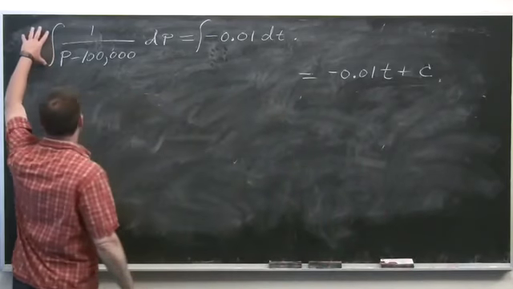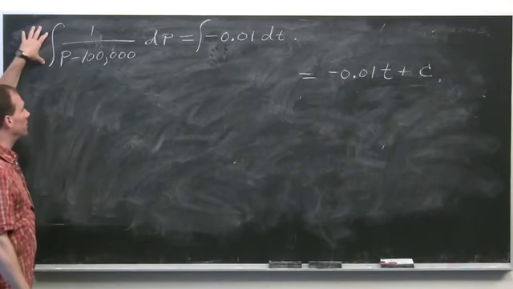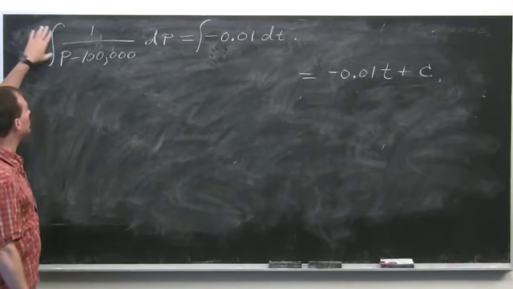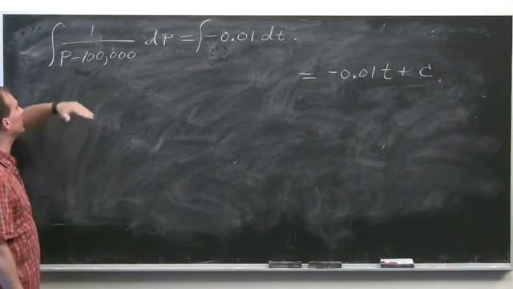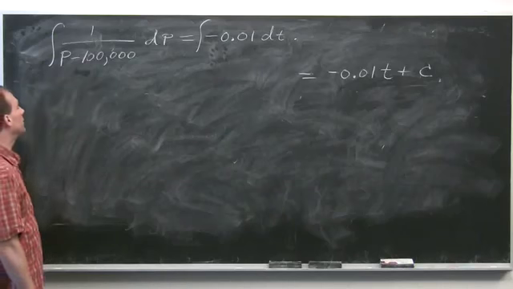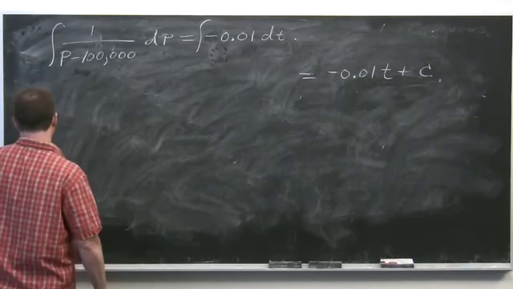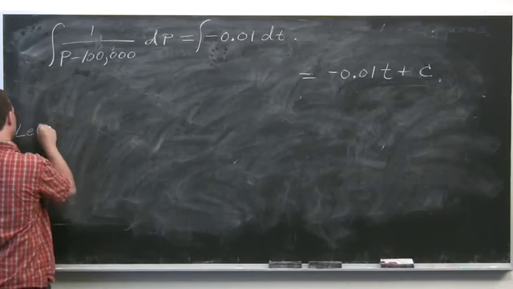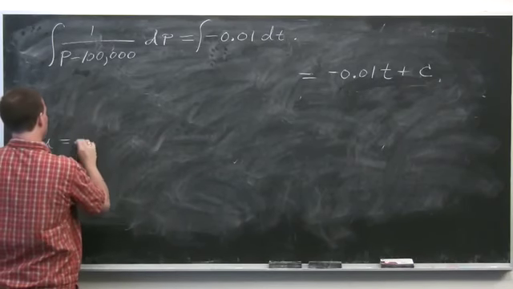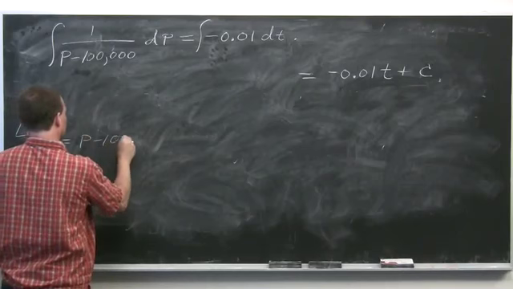How do you integrate 1 over P minus 100,000? Well, if it were just 1 over P dP, you'd get the natural log of the absolute value of P. It's not just a P, but it is P plus or minus a constant. So let u be P minus 100,000.